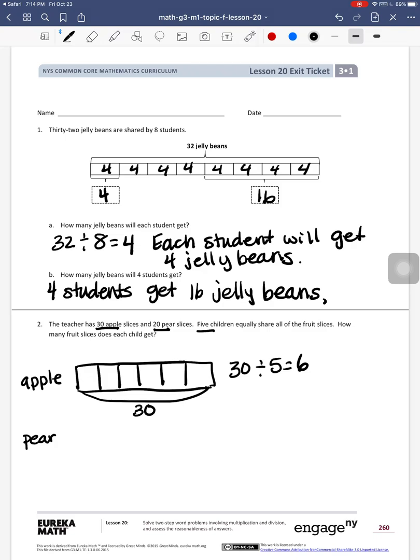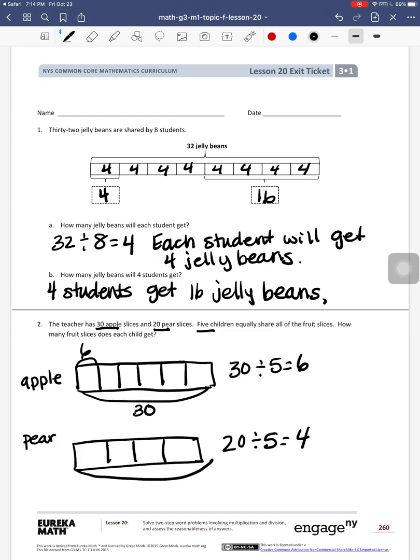All right, now pear. Now we have 20, and we want to divide it by 5, and let's count. 5, 10, 15, 20, and we counted 4 times. So what's 1 less than 4? Right, 3. So 1, 2, 3.